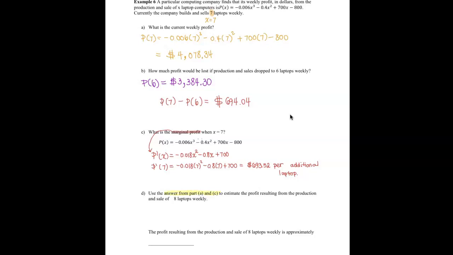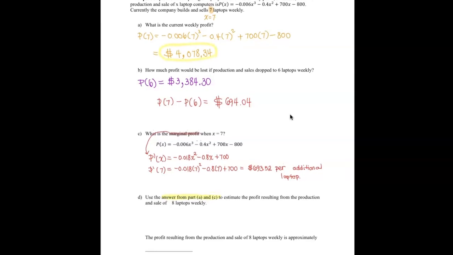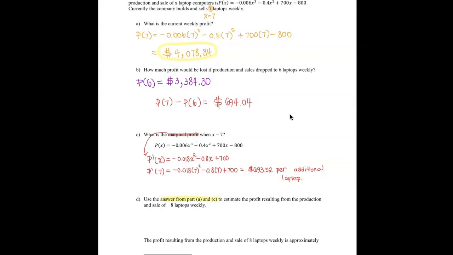The answer from part A was how much profit they will have if they make 7 laptops. The answer from part C was that this company will make an additional $693.52 if they make 1 extra laptop.